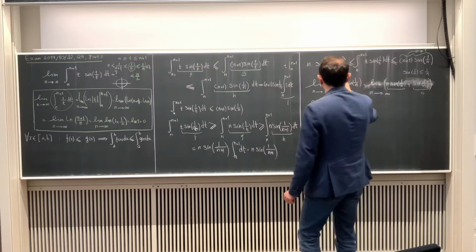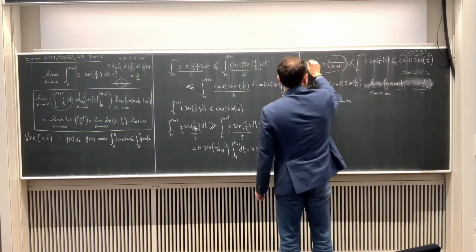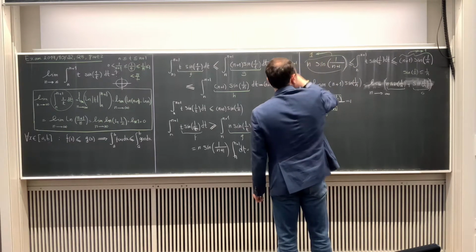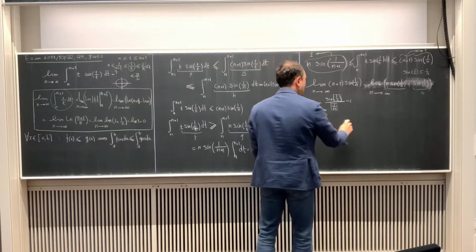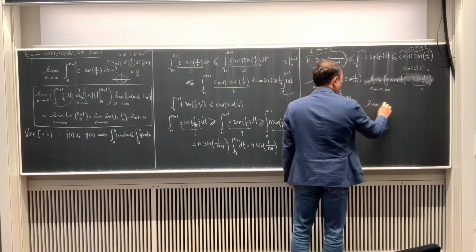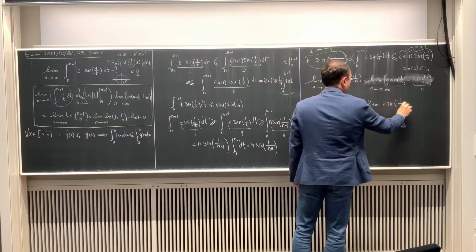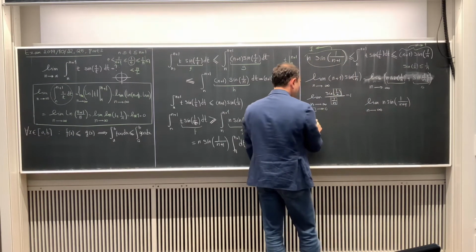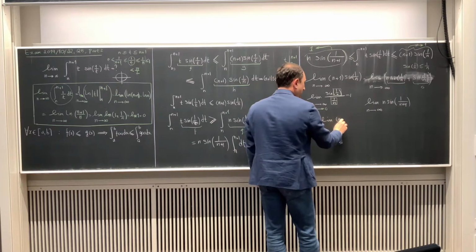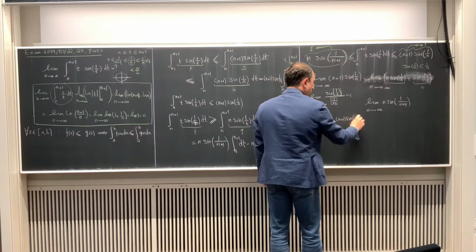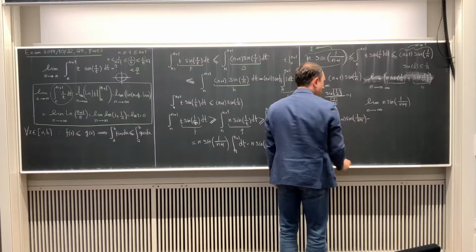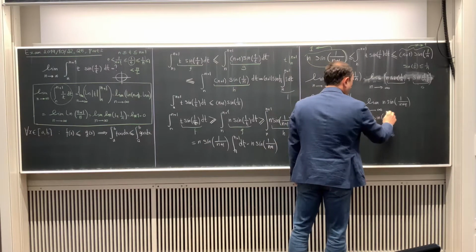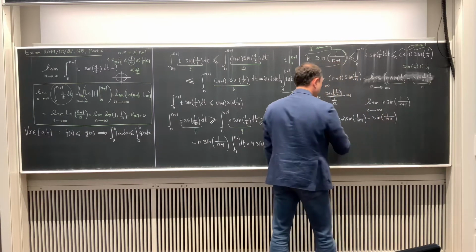In the same way, you can convince yourself that this one also goes to 1. How? The limit of n times sine of 1 over n plus 1. How do you write it this time? You can write it as n plus 1 times sine of 1 over n plus 1, but this time minus sine of 1 over n plus 1.